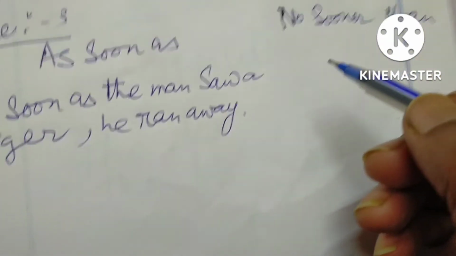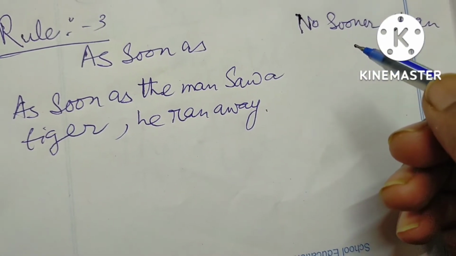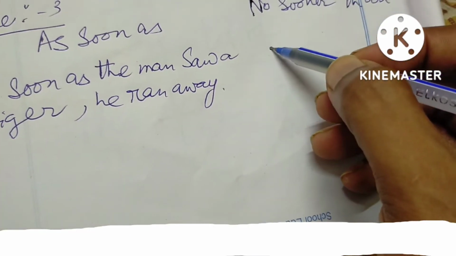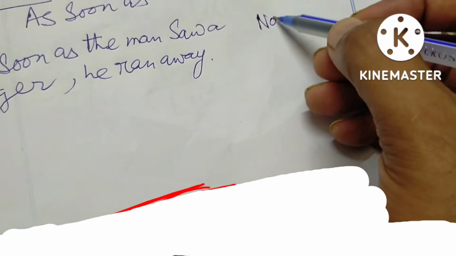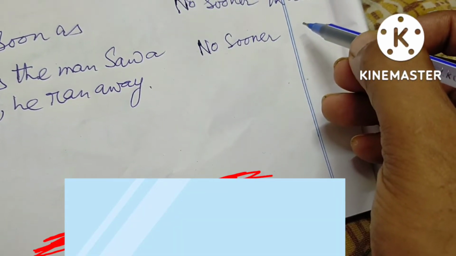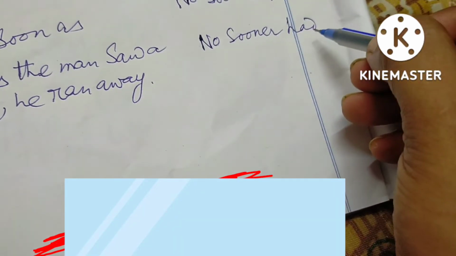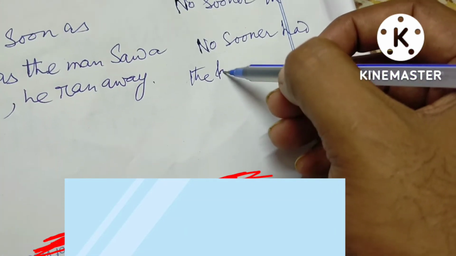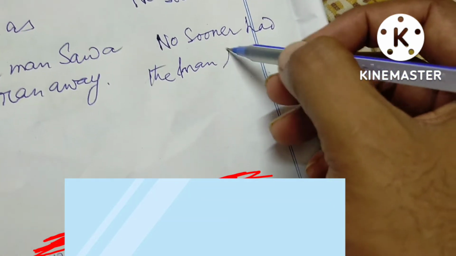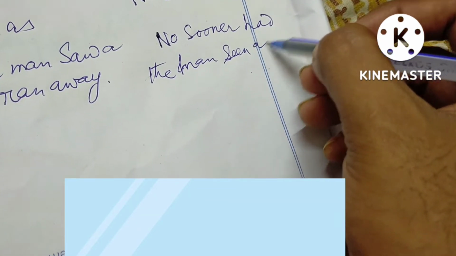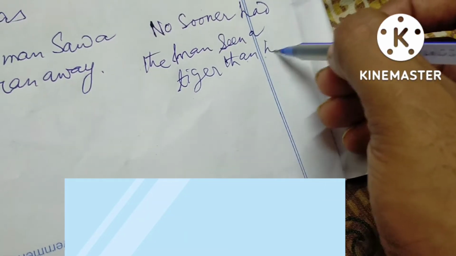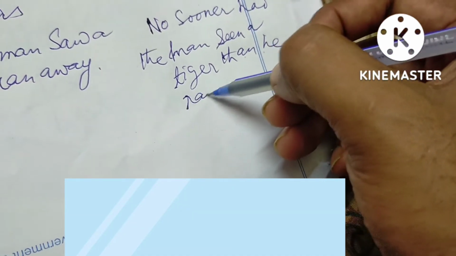When we want to change it into the comparative form, we have to use no sooner: No sooner had the man seen a tiger, then he ran away.